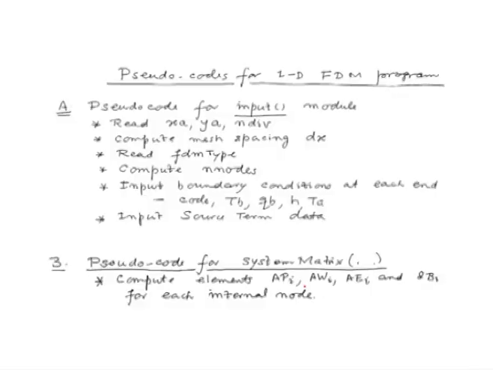So, that way we have basically formed a particular line or a particular row of our algebraic system.